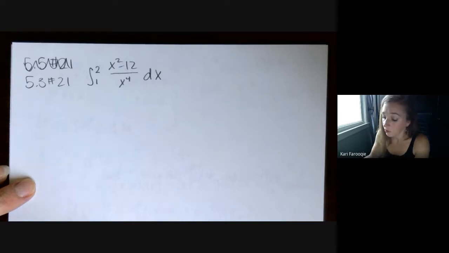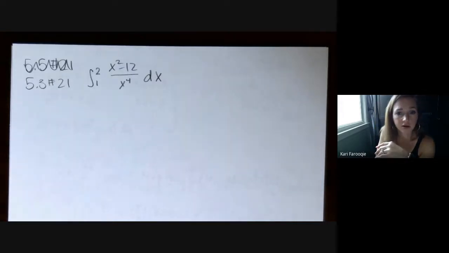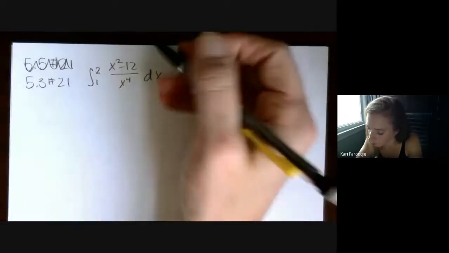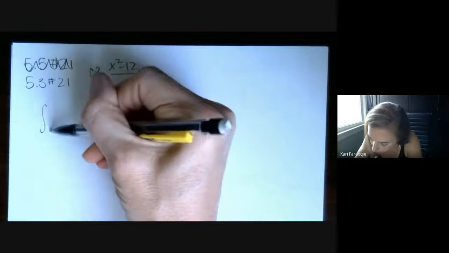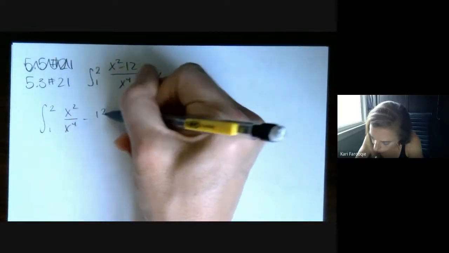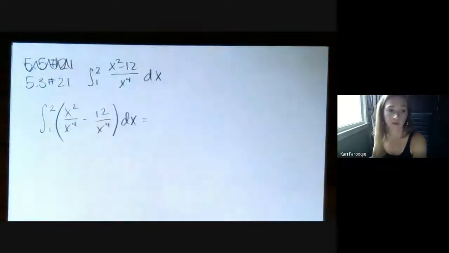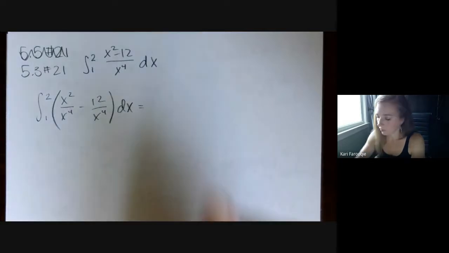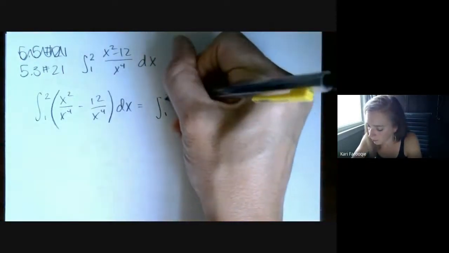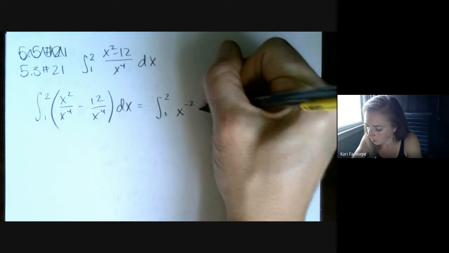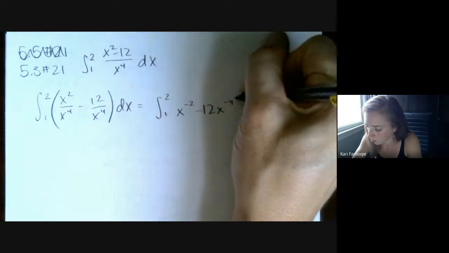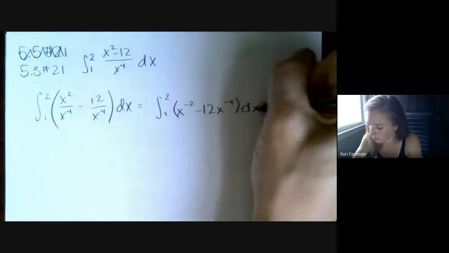Okay, so for this one, anytime your denominator is in the form of a monomial, so a one-term polynomial, you can just split this up into 2 separate fractions. So this will be x squared over x to the 4th minus 12 over x to the 4th dx. And then you can rewrite it as x to the negative 2nd minus 12x to the negative 4th dx.